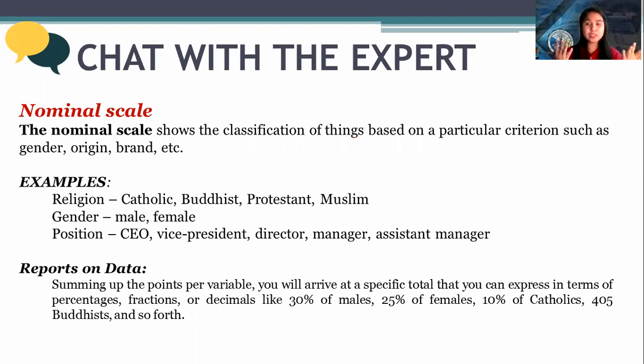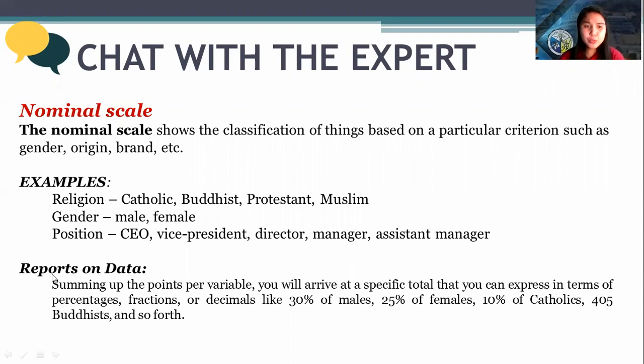The answer is non-numerical. For example, religion. You have Catholic, Buddhist, Protestant, Islam. For gender, male or female. For position. So any answers that are non-numerical, we call them nominal.